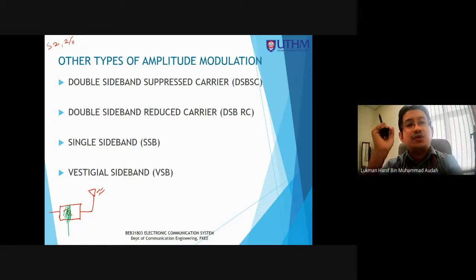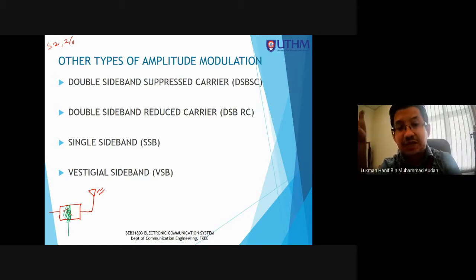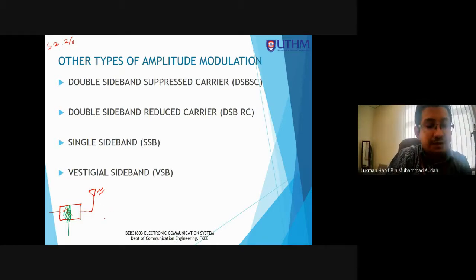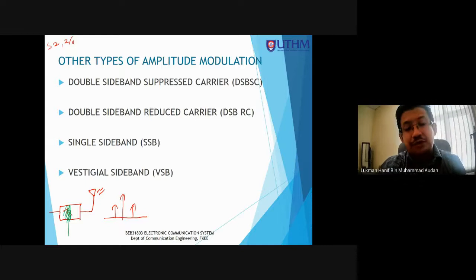So previously we have learned about double sideband full carrier. As you remember, we have double sideband, the lower sideband and the upper sideband, and we have the carrier component.